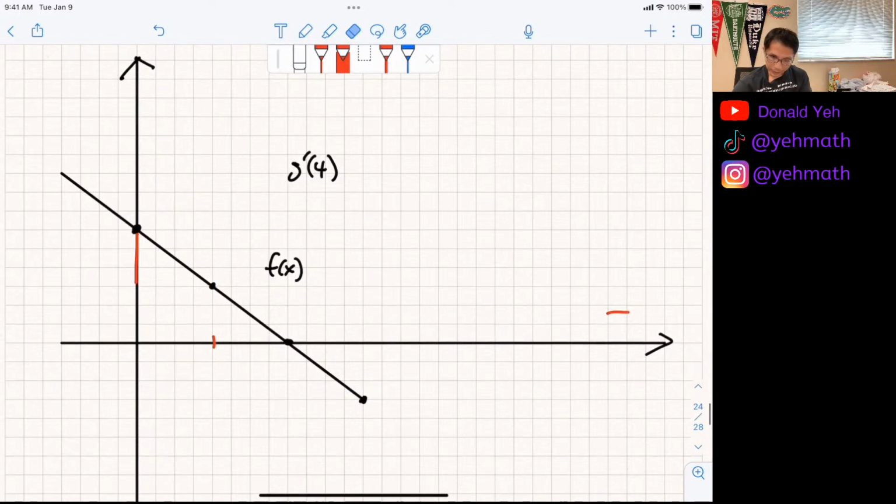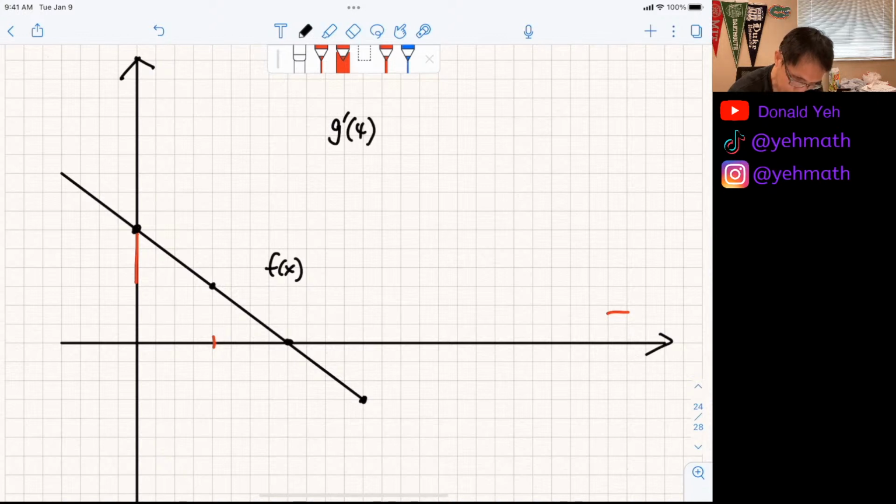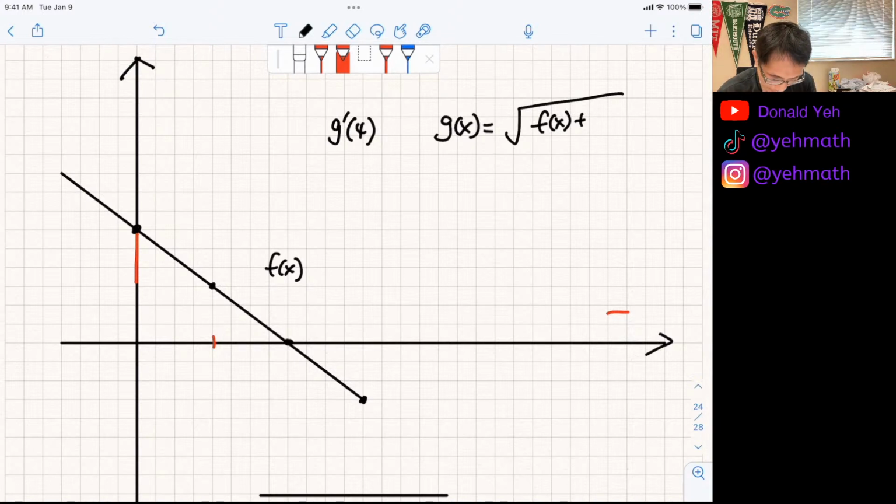Okay, so I'm gonna say, do you know how to figure out what is g prime of 4 if g of x is equal to square root of f of x plus 13?